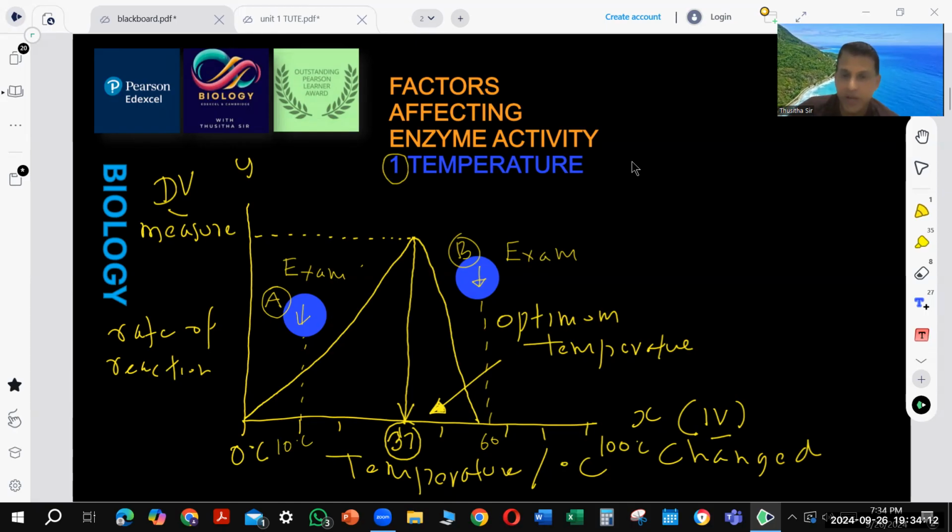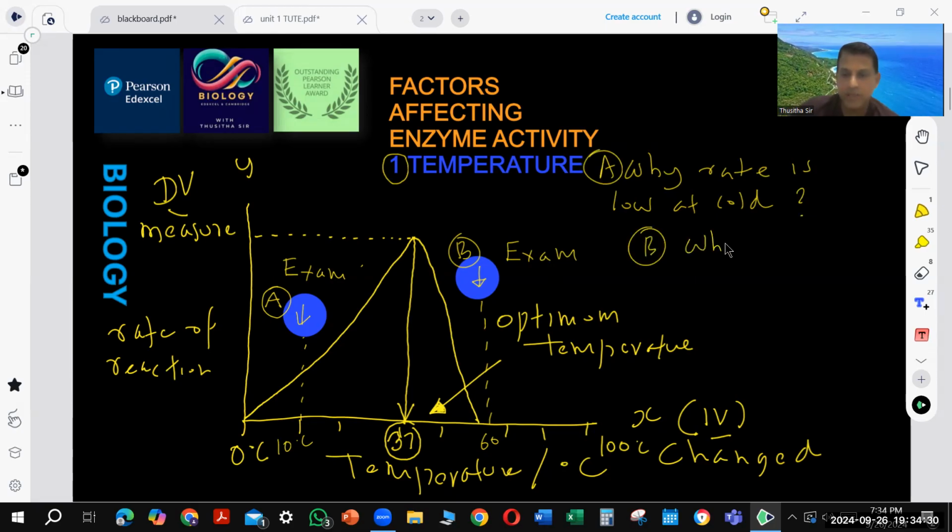So why is the rate low at cold? That is A. What is the answer for this? B. Why is the rate low at high temperature?